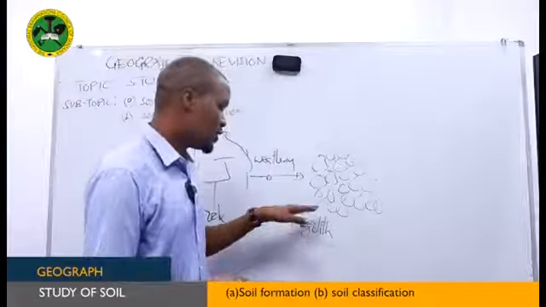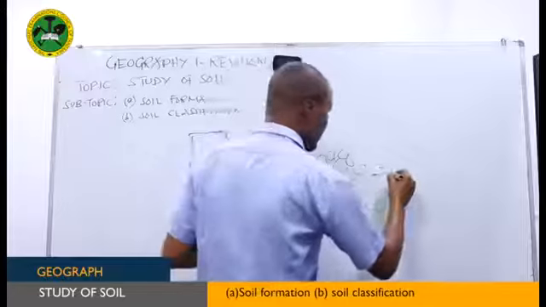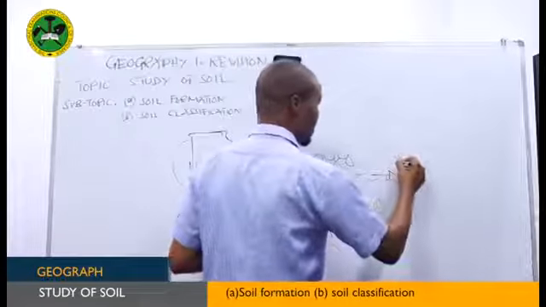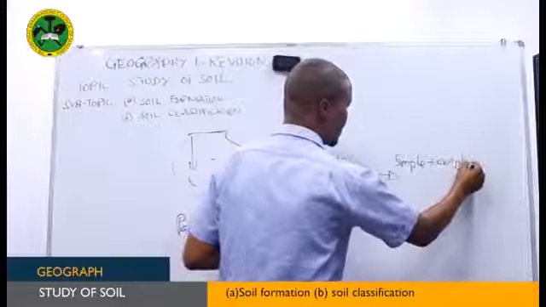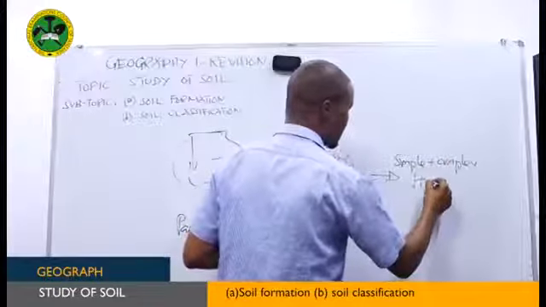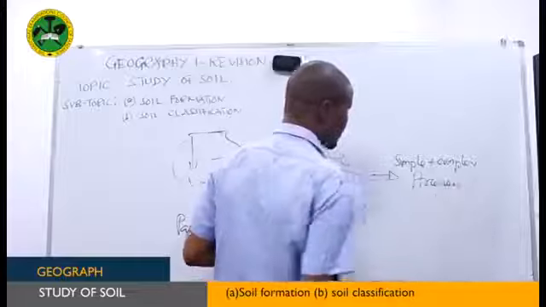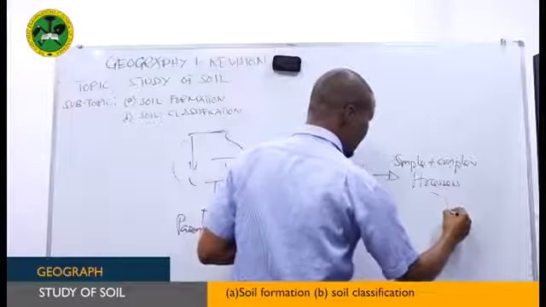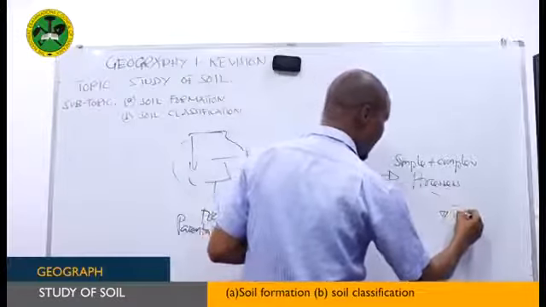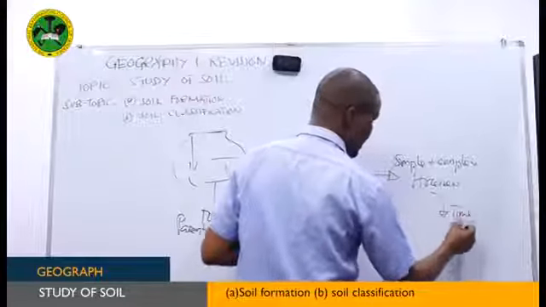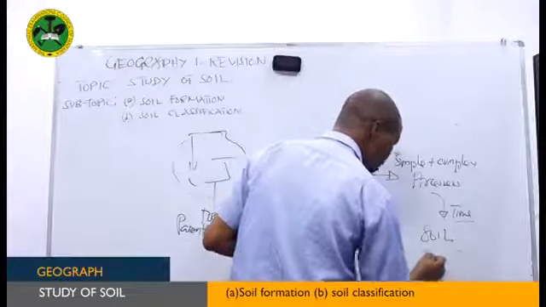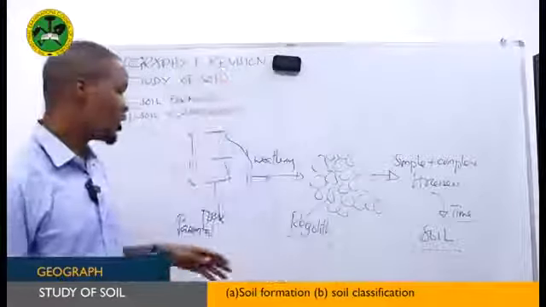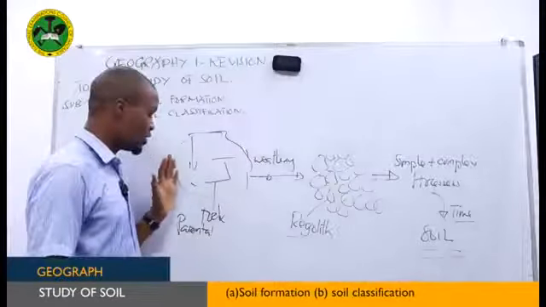Right now, this regolith has to undergo further processes, which we call simple and complex processes of soil formation, where later, after staying for many, many years, it forms what we today call soil. So soil has a history, as you can see right here.